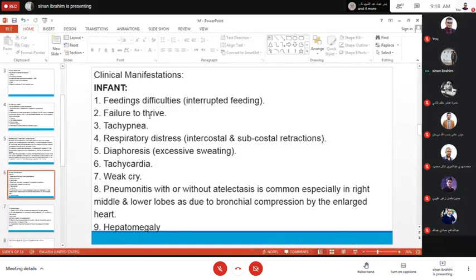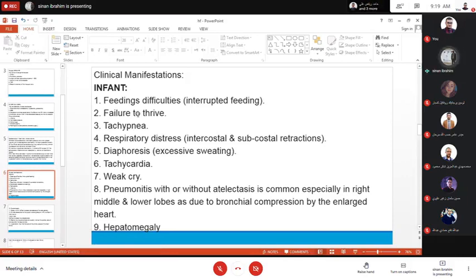So their weight is far below the first centile, and this is one of the problems for a patient with congenital heart disease and a patient with heart failure. And our goal of treatment here is correction of this failure to thrive.